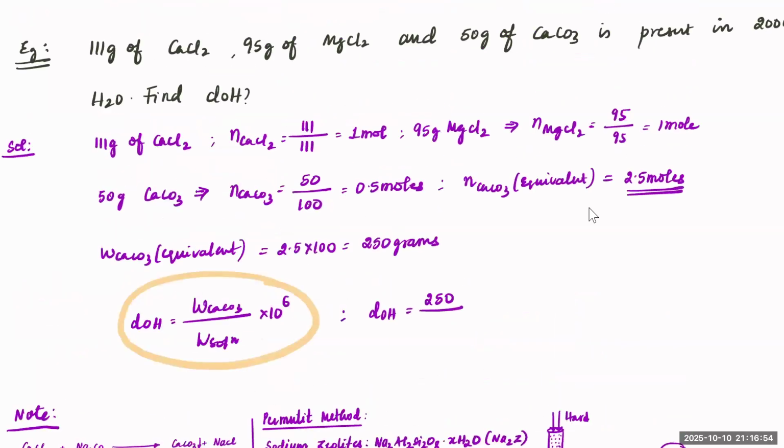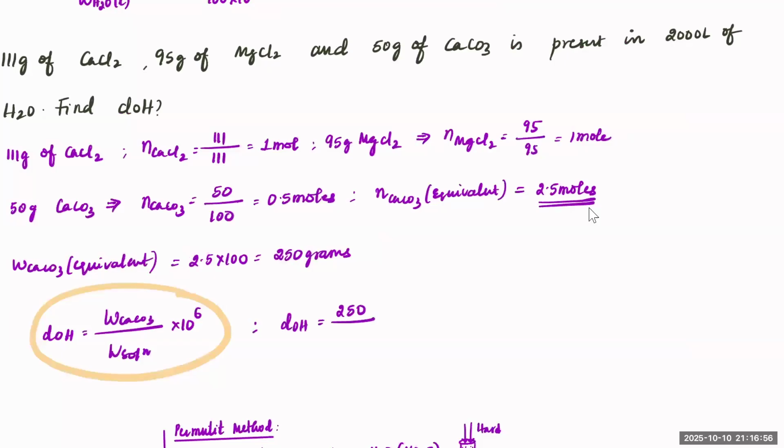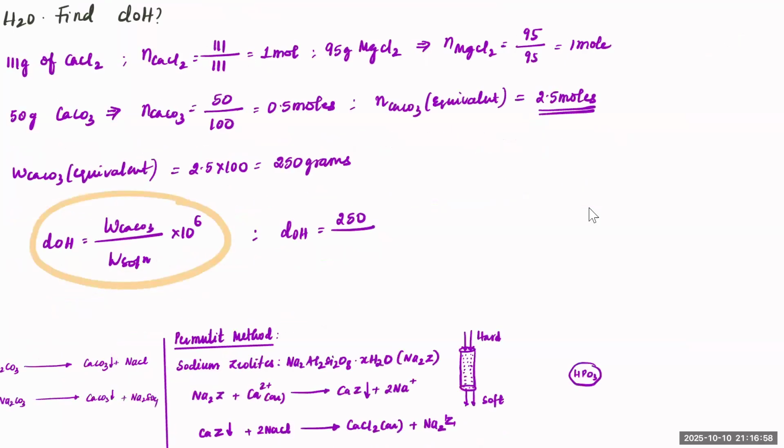The weight of solution is 2000 liters, so 2000 into 10 raised to power of 3, that into 10 raised to power of 6. You can notice that the 6 gets cancelled and only 2 will be left, which gives 125 ppm.